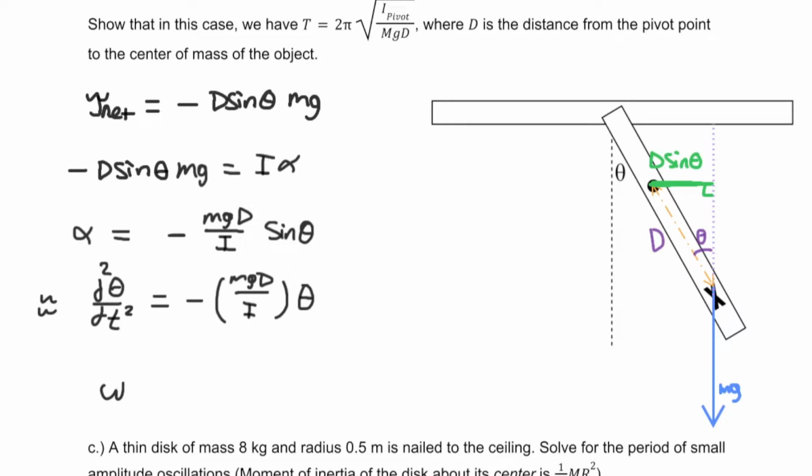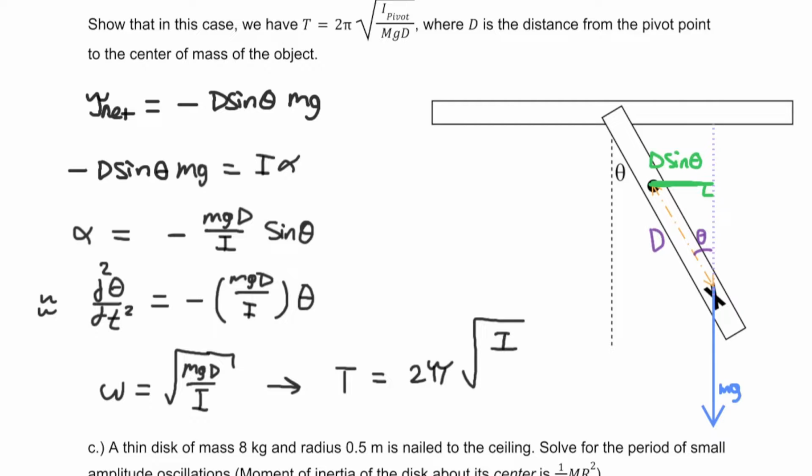So this implies that omega is the square root of mgd over I, which means that the period is equal to 2 pi out in front and flip it. And this I was taken about the pivot point.